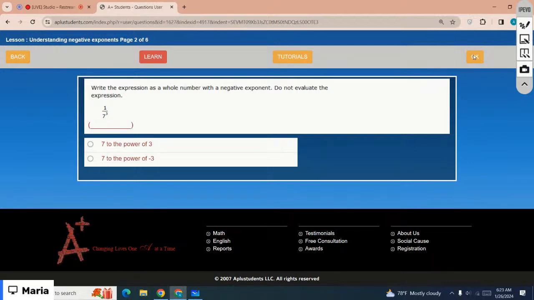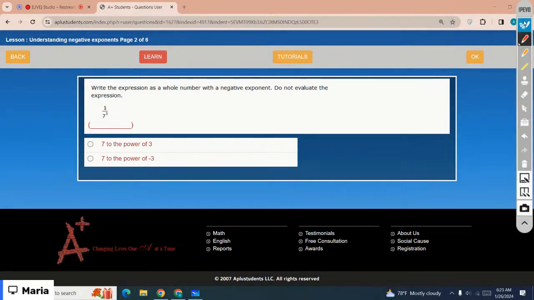Okay. Write the expression as a whole number with a negative exponent. Now you need to write it with the negative exponent, right? The 7 exponent 3 is already in the denominator. When you convert it into the numerator, it would be 7 exponent negative 3, because the question asks you to write it with a negative exponent.